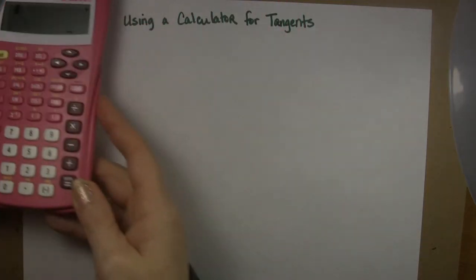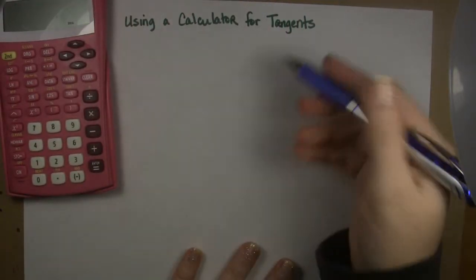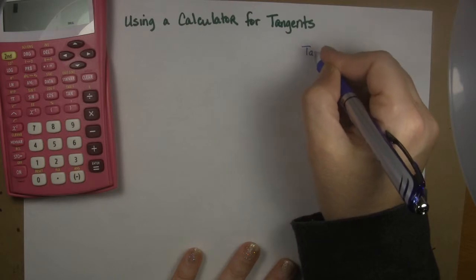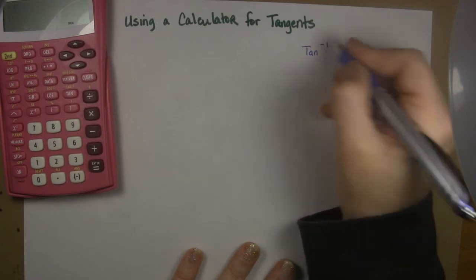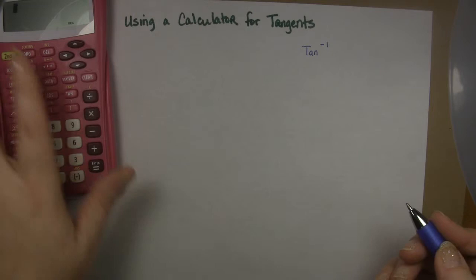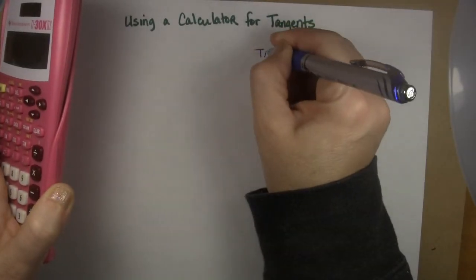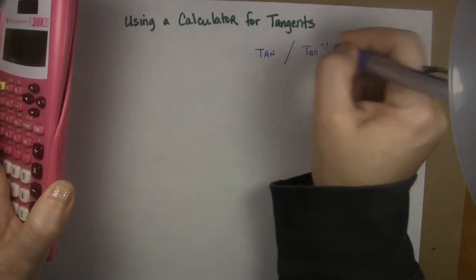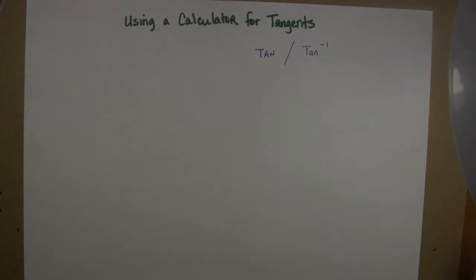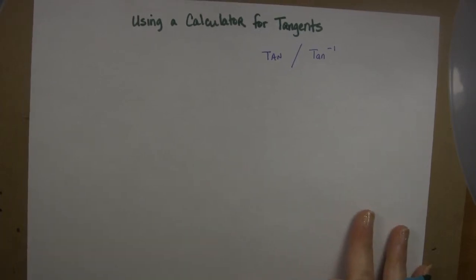The minus 1 is kind of up in the air, so it looks like this: tan minus 1. Okay? So these are opposites of each other. Your tan button versus your tan minus 1, those are opposites. And I'm going to show you how you can use those buttons to calculate things.